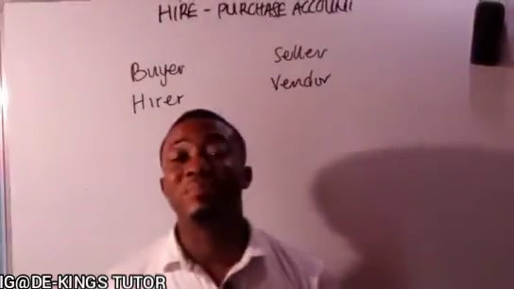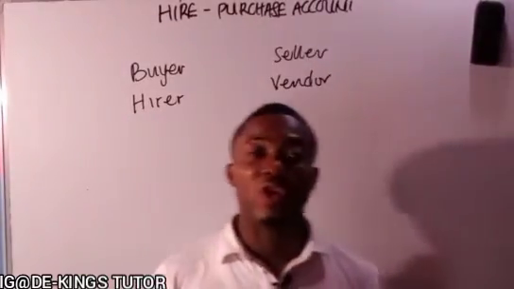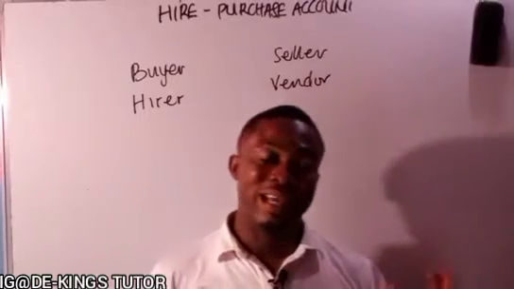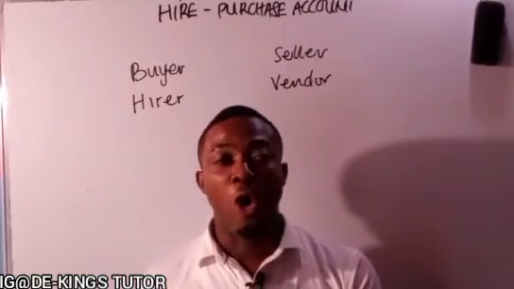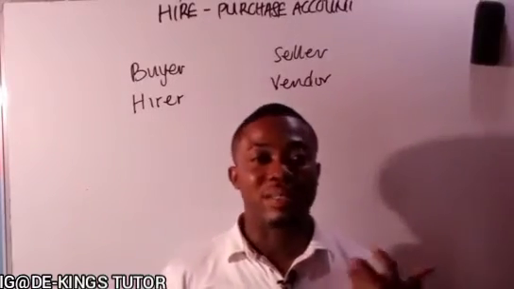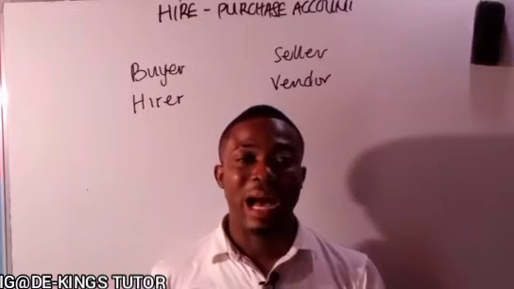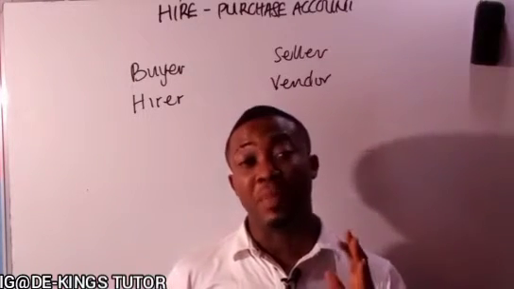So what this means is that a hire purchase refers to a contract between two persons, the hirer and the vendor, or we can call them the buyer and the seller, where the seller allows the buyer to make use of the asset. At first, an initial deposit must be made.